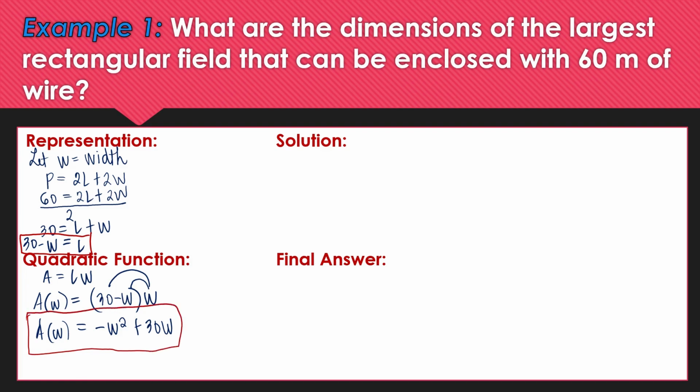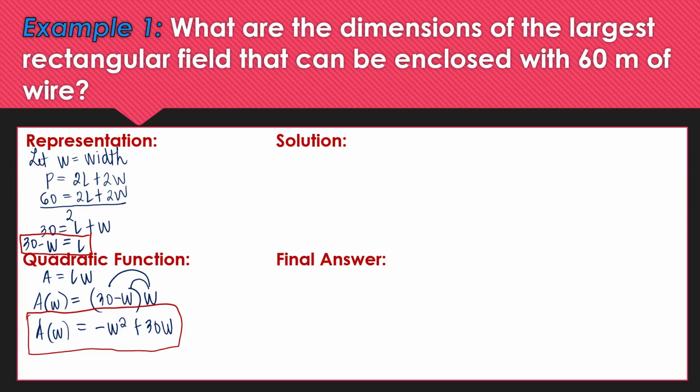So I rewrote the quadratic function in general form, y equals ax squared plus bx plus c. After getting the quadratic function, let us now solve what is asked in the problem. What are the dimensions of the largest rectangular field? Let us change this quadratic function from general form to standard form.